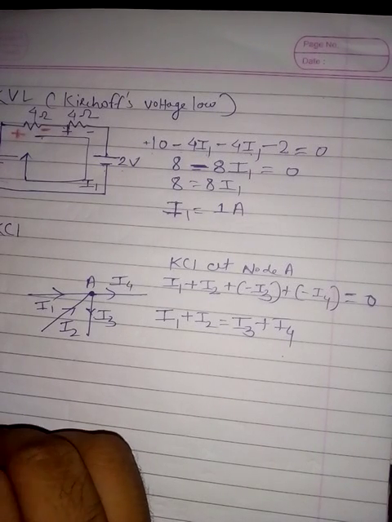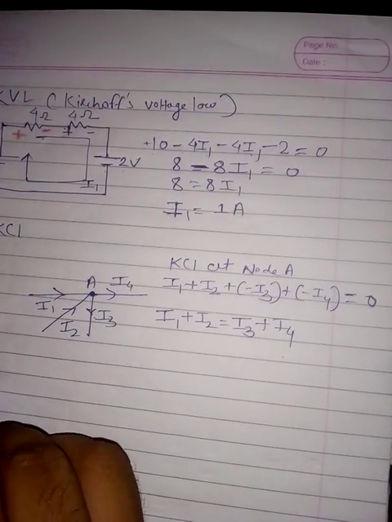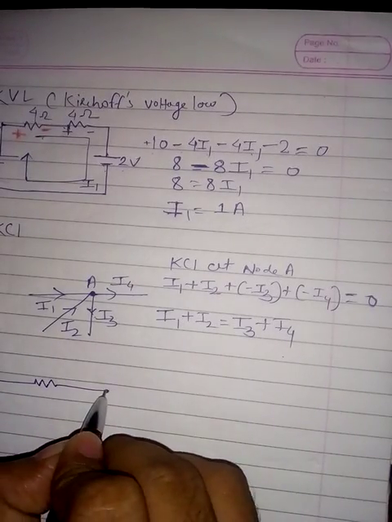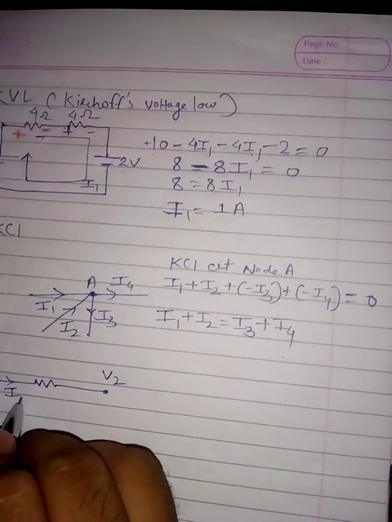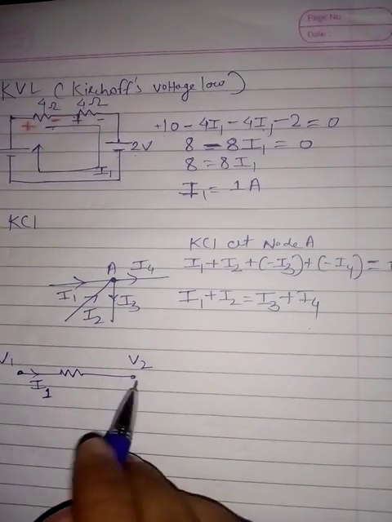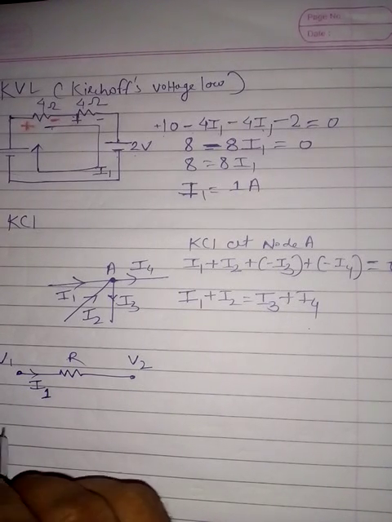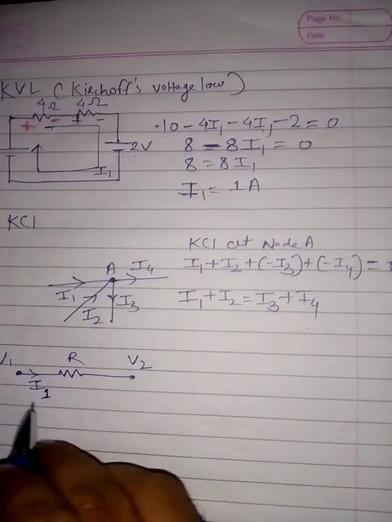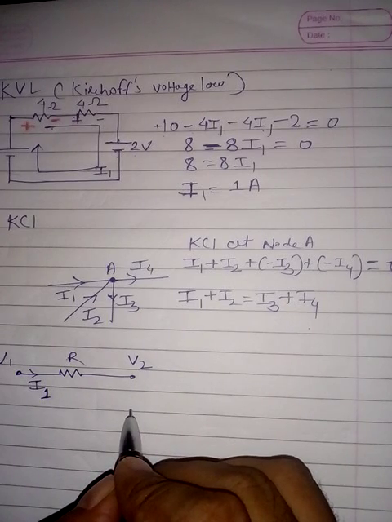Now in nodal analysis we came across this particular condition. Let's say this is V1 and this is V2 and this is current I1, with V1, V2, I and R. Now how to write the value of I1 in this particular condition, that I will tell you.